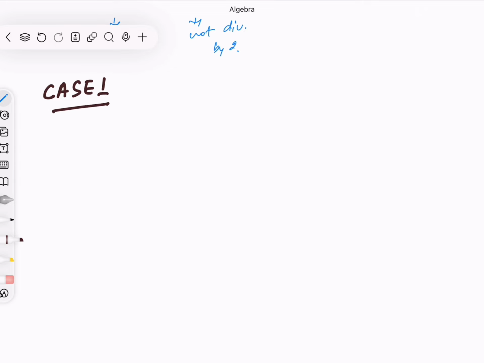In case 1, let's say you have the equation ax plus by equals k, where both a and b are factors of k.